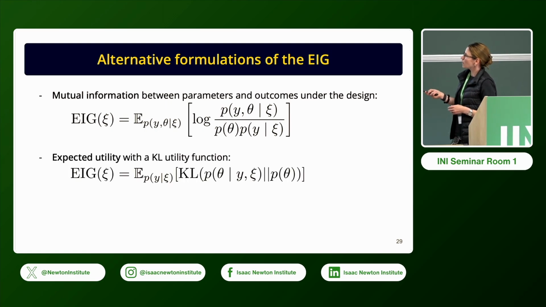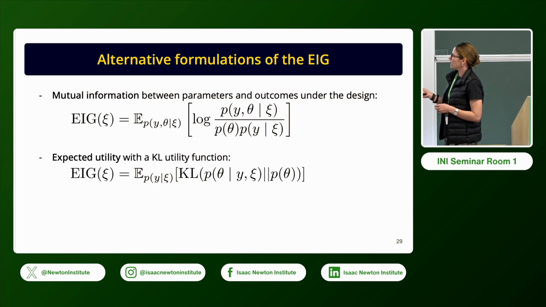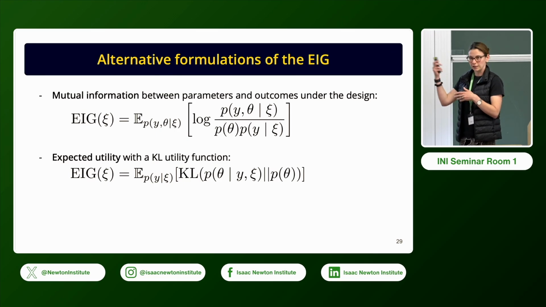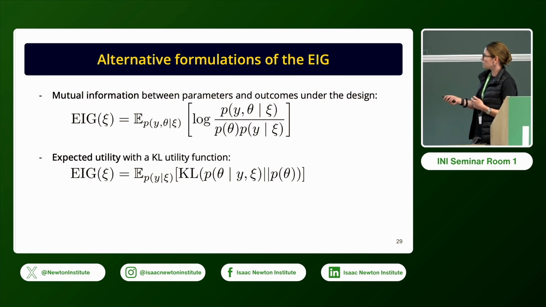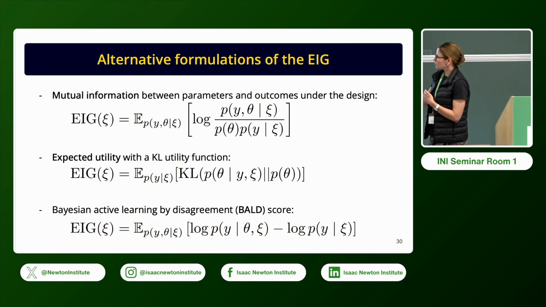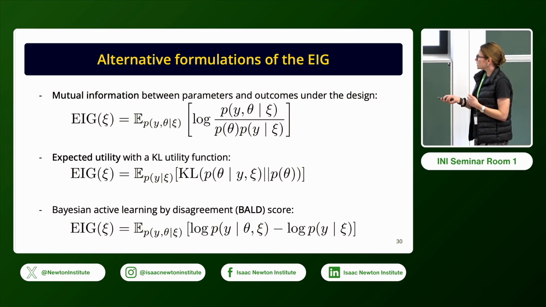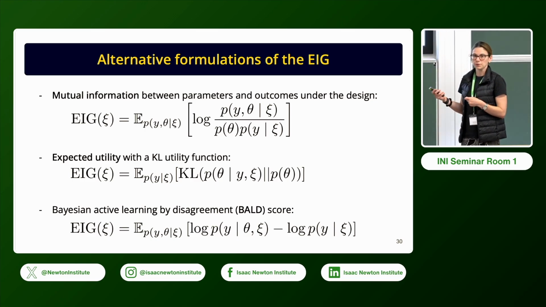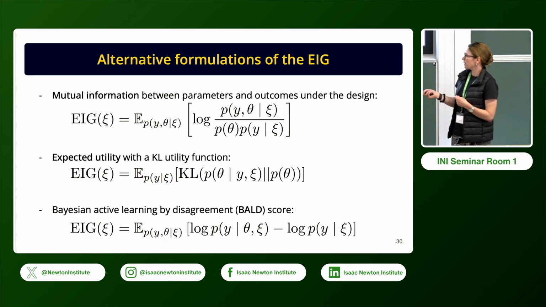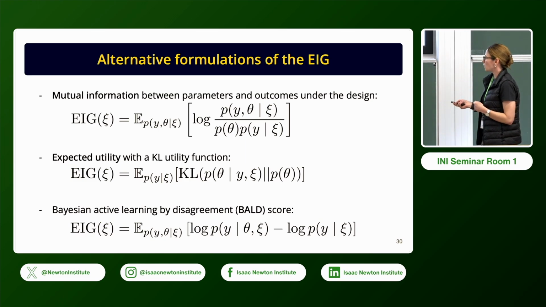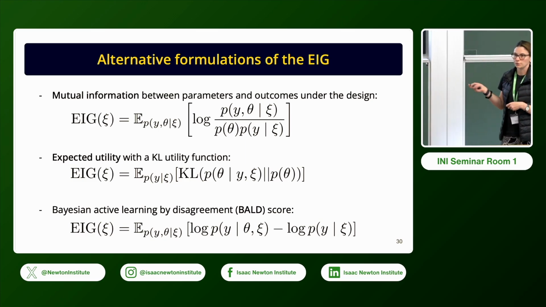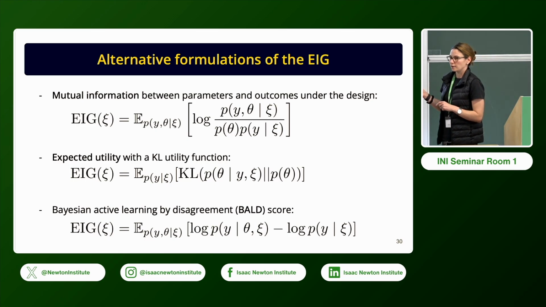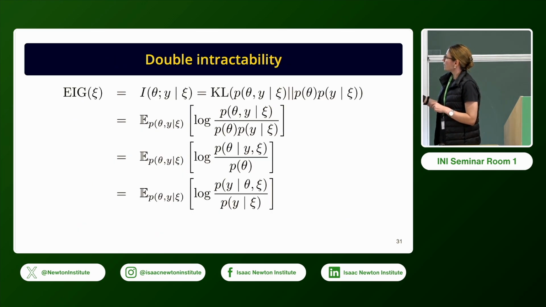It is also equivalent to an expected utility with the KL divergence as a utility function, right? And it is also equivalent to the BALD score that people use in active learning, the Bayesian active learning by disagreement score. And all of this is just doing a little bit of KL and Bayes rule gymnastics.